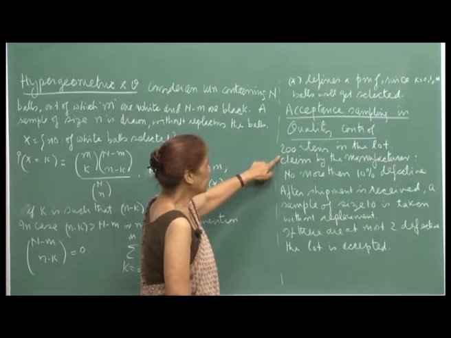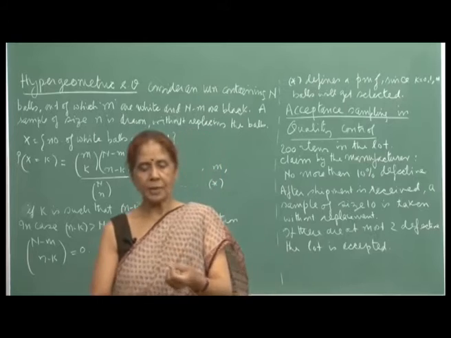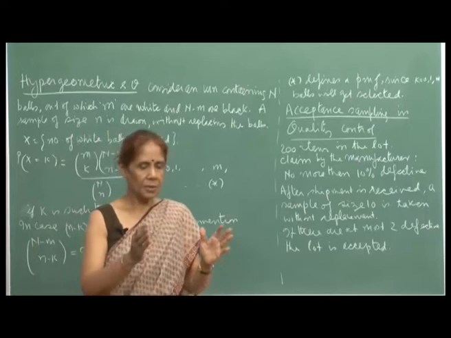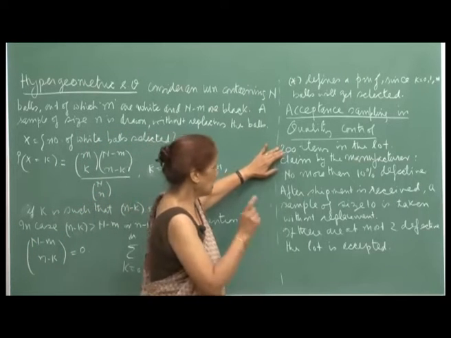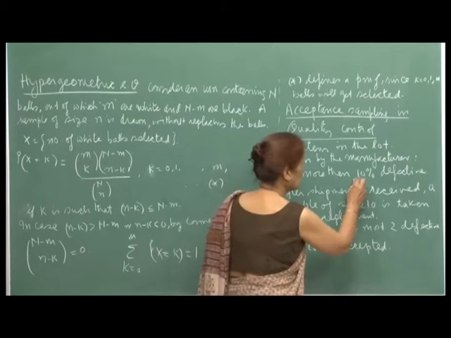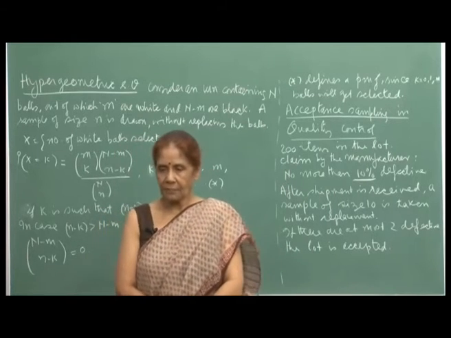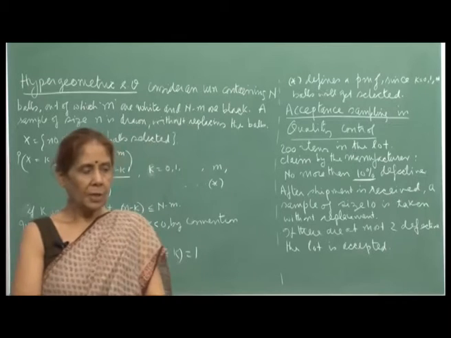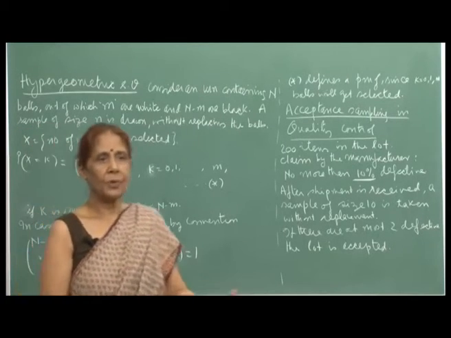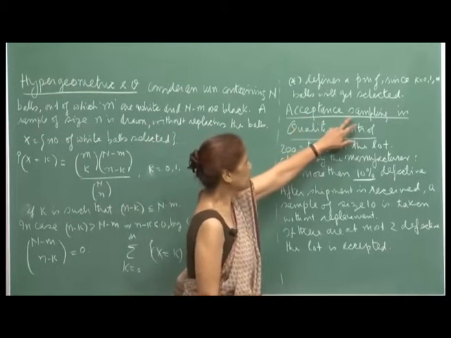So, suppose there are 200 items in the lot, some instrument or something being delivered by a manufacturer, and the claim by the manufacturer is that no more than 10% are defective. So, this is the claim. Now, obviously, people do not have the time, energy and manpower to actually inspect all 200 items, and usually this number is very big. So, what the practice is, and that is why it is called acceptance sampling.